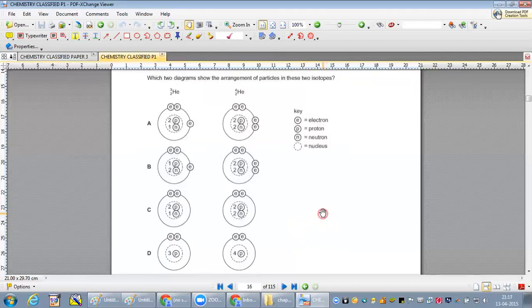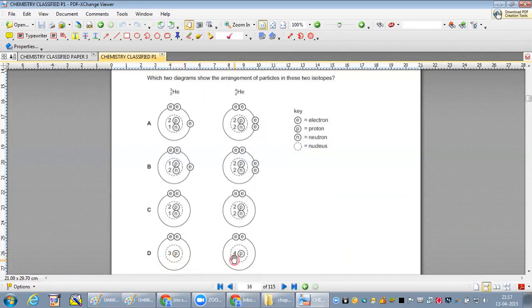There will be 2 protons in the nucleus, and of course for both the isotopes there will be 2 protons and the number of neutrons is going to be different. I have just said the definition of isotopes. They have same number of protons, they have different number of neutrons.